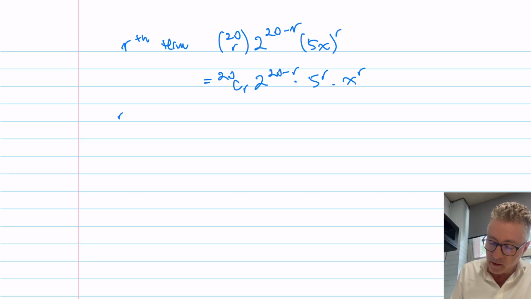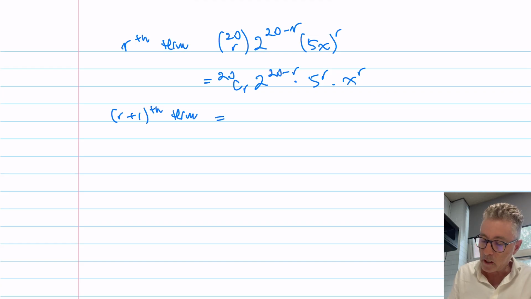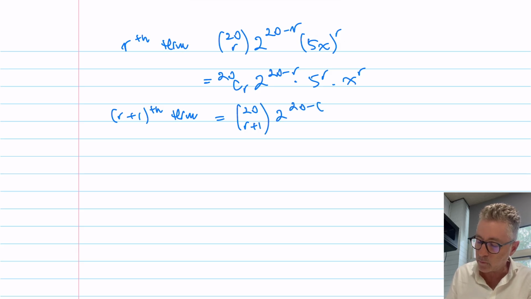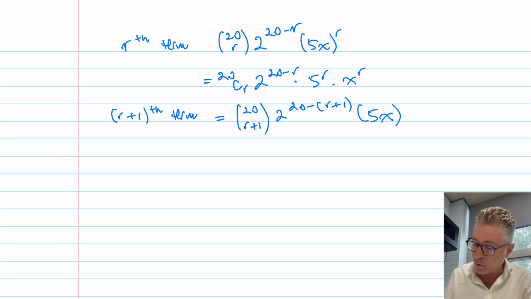And the (r+1)th term is going to be 20 choose (r+1), 2 to the power of 20 minus, we're not subtracting r now, we're subtracting r+1, so that whole expression has to go into brackets. And it's (5x)^(r+1).